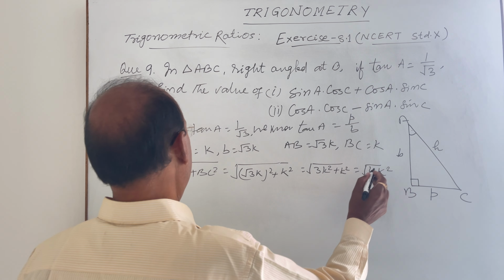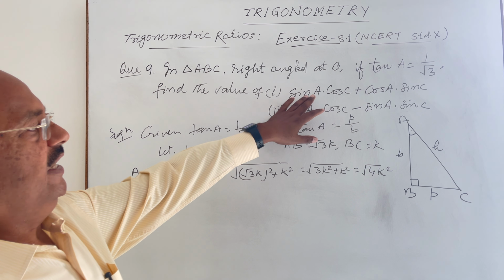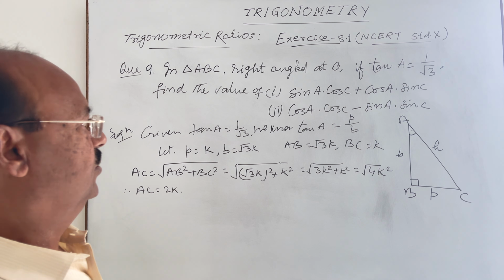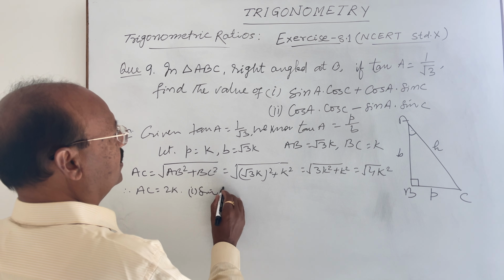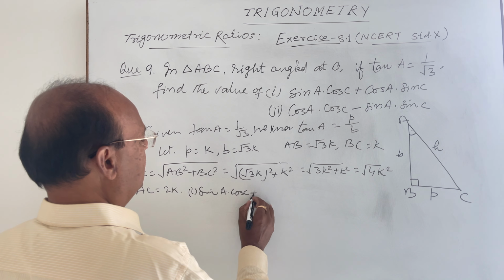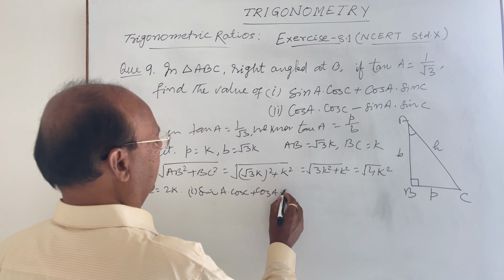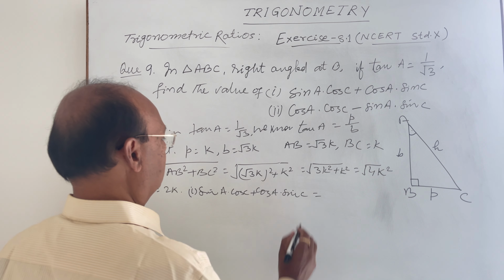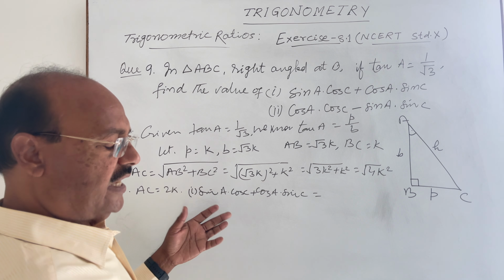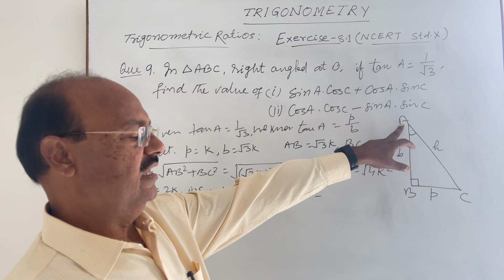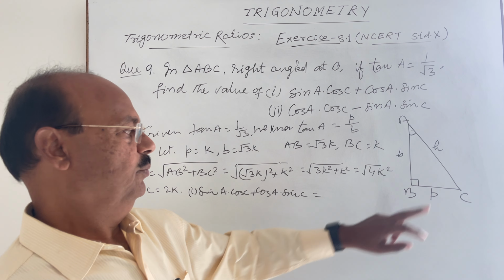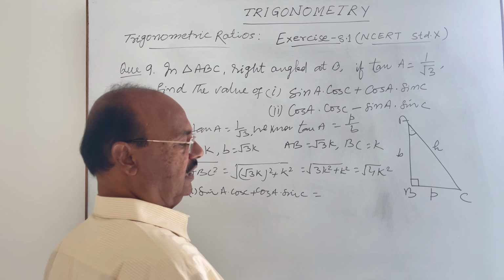Now let us find sin A into cos C plus cos A into sin C. First question, we have to find sin A into cos C plus cos A into sin C, correct? Sin is always perpendicular by hypotenuse. So with respect to this angle A, perpendicular is BC. Okay, understood? With respect to this acute angle, perpendicular is the opposite side.